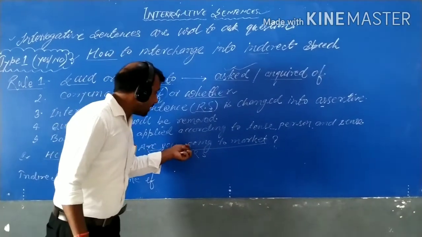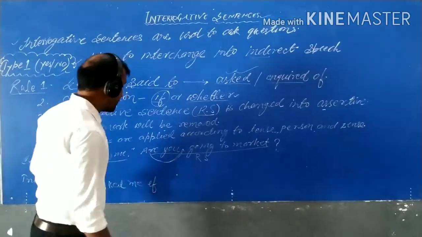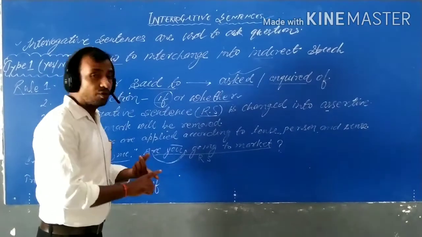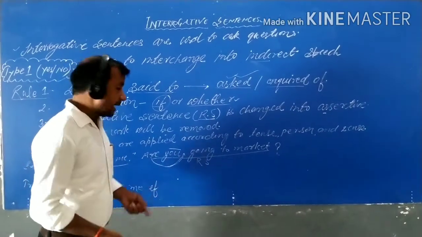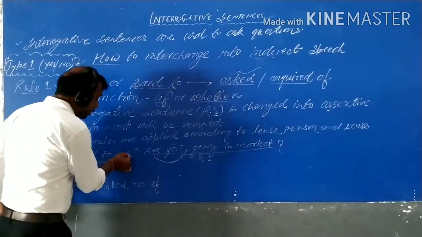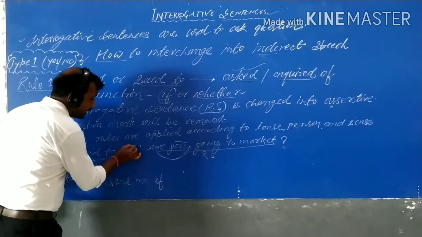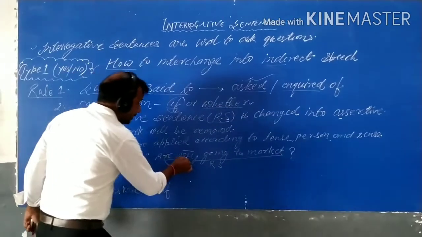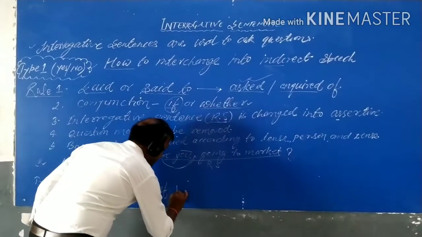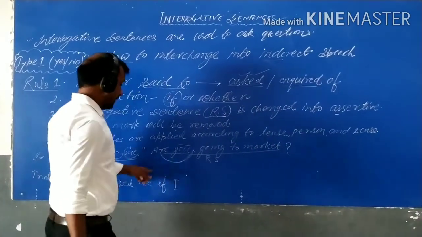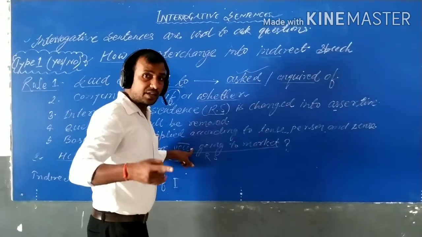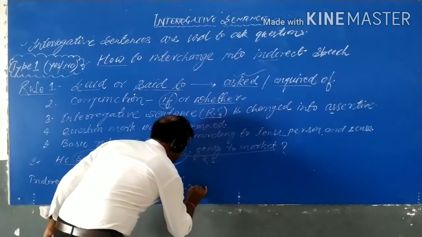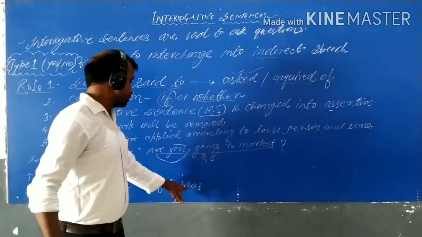So, you are going to market. Now you is the pronoun of second person, and the second person will change according to the object of the reporting verb, and the object of the reporting verb is me. Then you will turn into I, and now are, present continuous, converts into past continuous. So are will change into was.